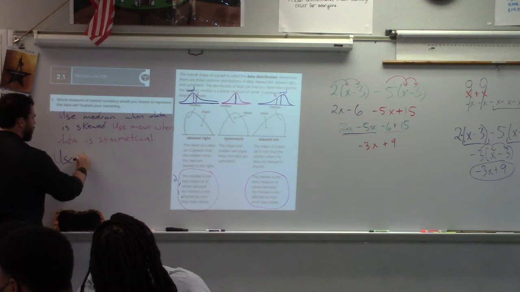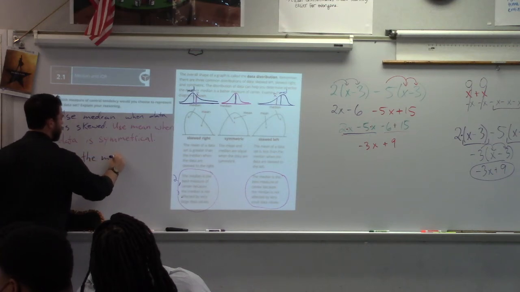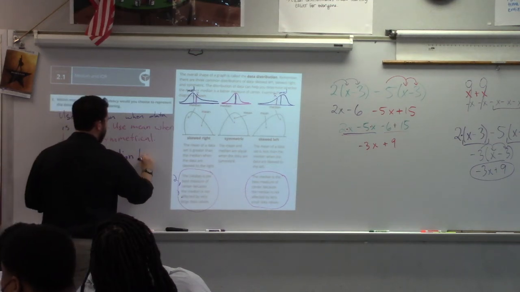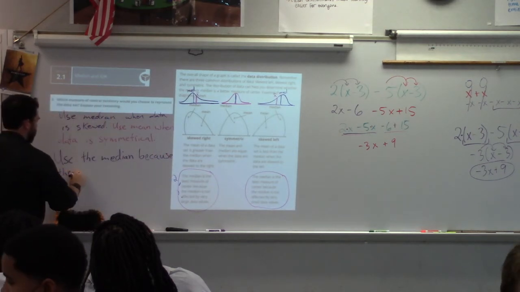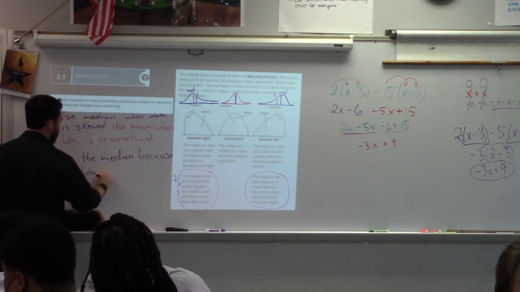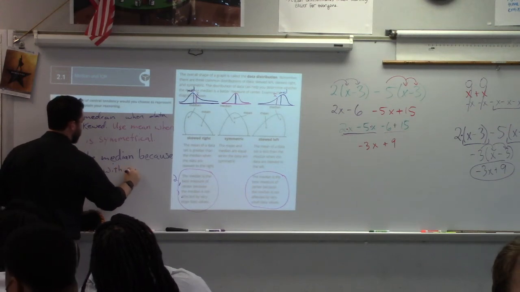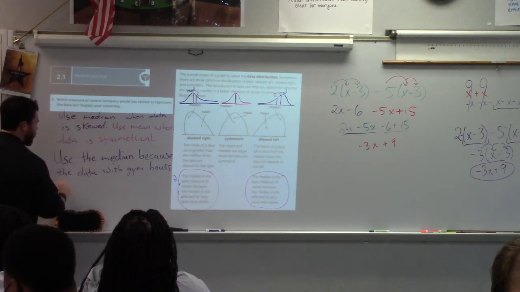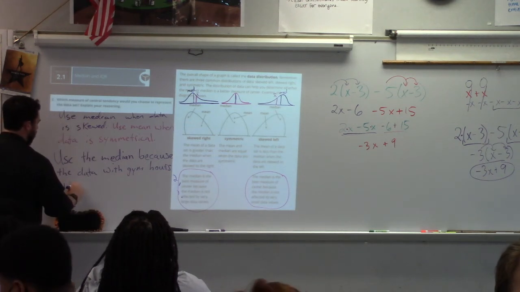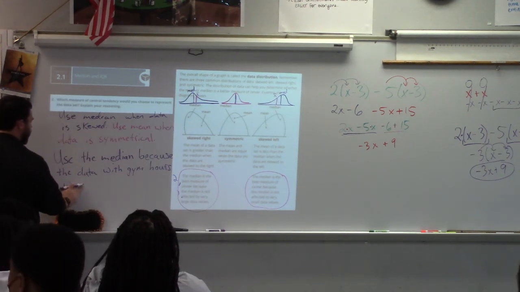So use the median because the data with Geom hours was skewed right. Or I guess the data were skewed right.